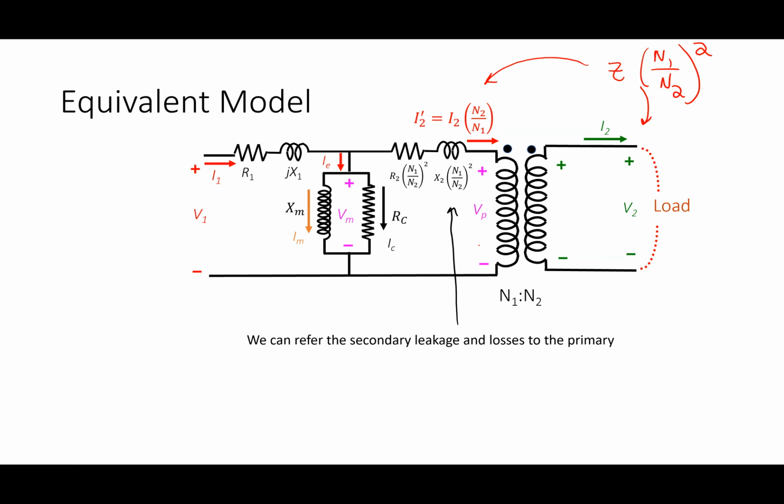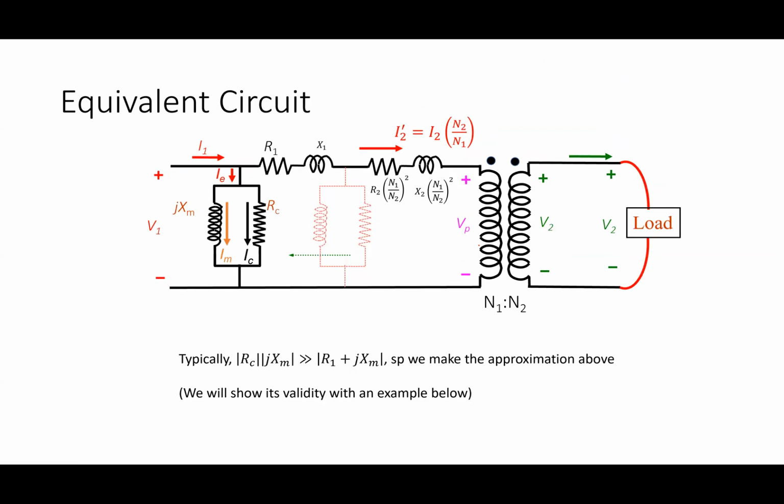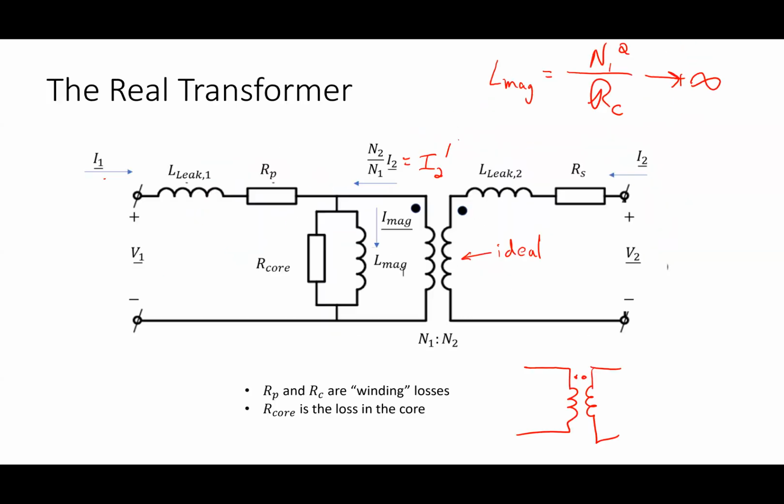All right. Now, the thing I did last time, which was kind of weird, was I basically said I can move that parallel branch with XM and RC up to the front. Now, why is that the case? Basically, what did we argue already about the value of these guys and the value of these guys relative to each other?